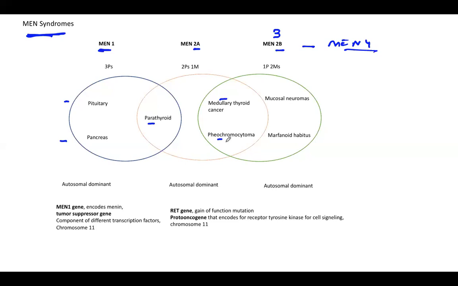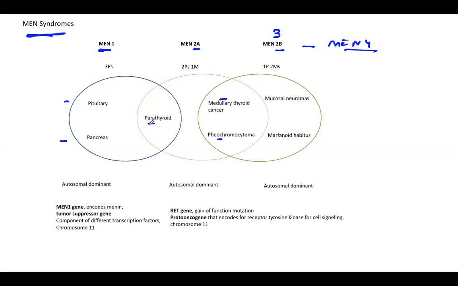These are the main glands involved. In the pituitary there may be 5 or 6 different types of tumors, and in the pancreas also there may be different types of tumors. But generally we should know it. For this exam, if we even know that MEN1 involves pituitary, pancreas, and parathyroid, that's enough.